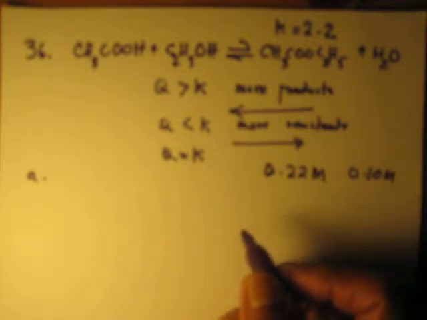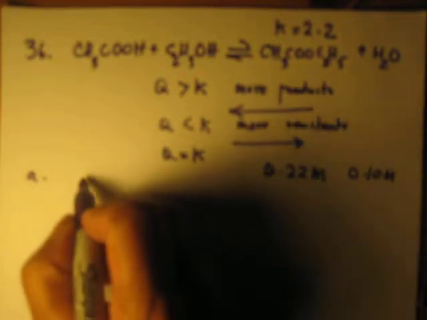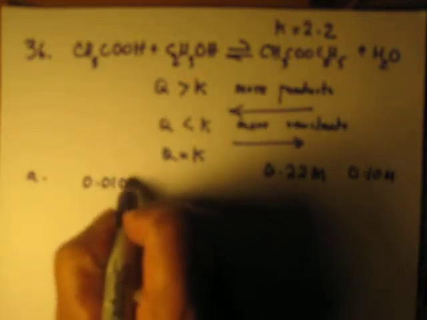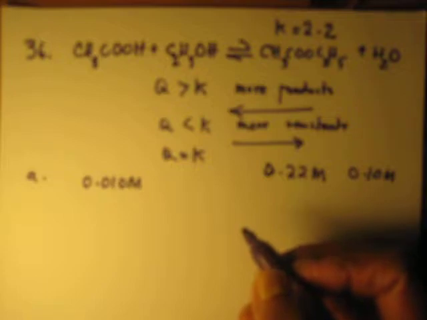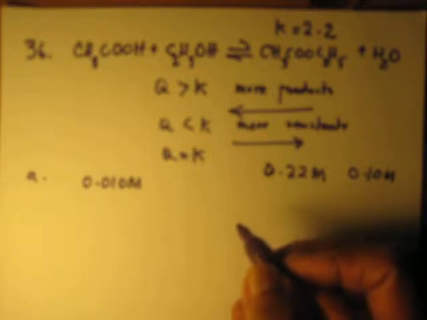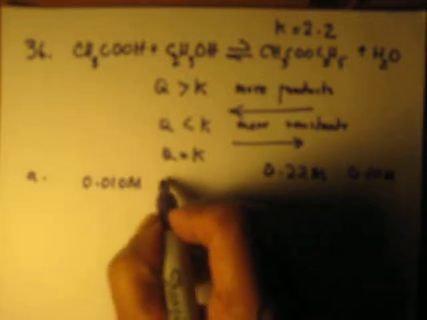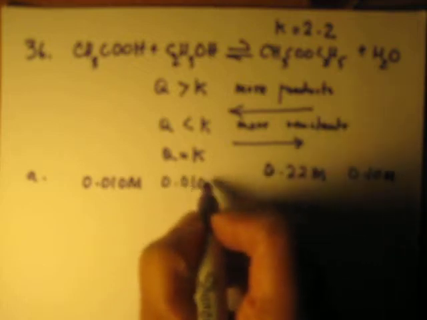Acetic acid is given as 0.010 molar and ethanol is given as 0.010 molar, same concentration.